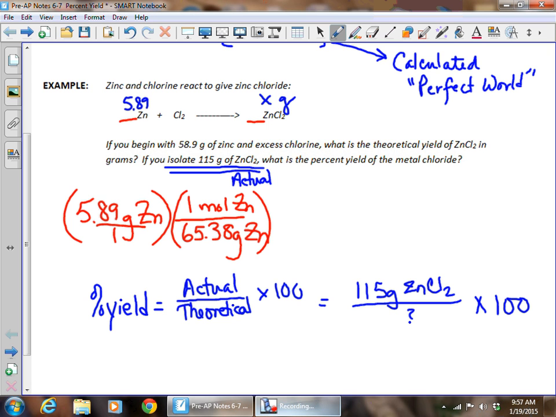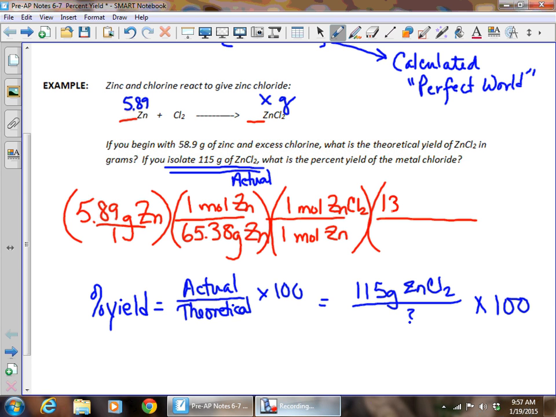We know that it's a one-to-one reaction, so all we're trying to do here is switch substances. We've got 1 mole of zinc for every 1 mole of zinc chloride that we're trying to find. And finally, we need grams of that zinc chloride, and we add up the molar mass of that, and it's 136.28 grams of zinc chloride per mole. And we come up with 122.77.